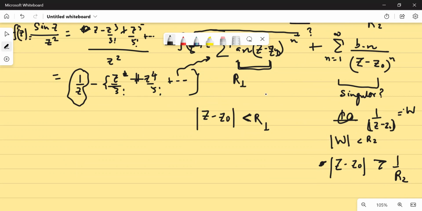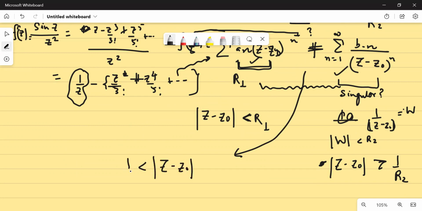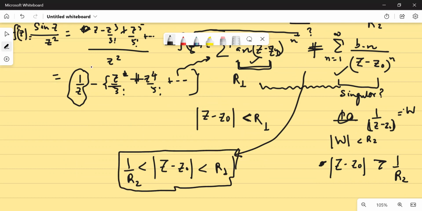It implies that the sum of this particular series and this particular series will converge in this radius. Okay, is that clear to you?